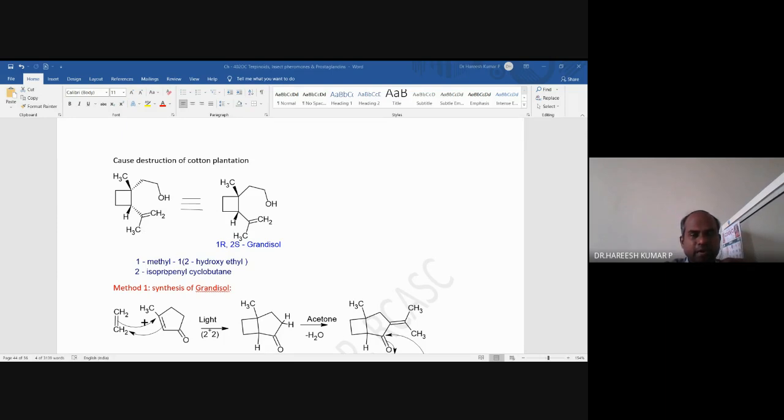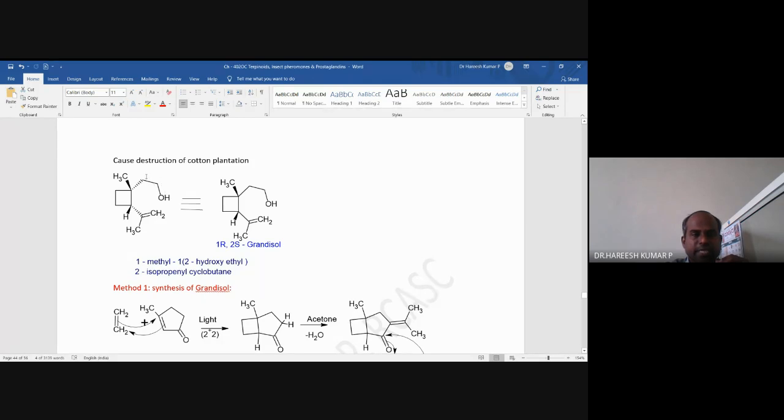So this will be the IUPAC nomenclature. This methyl is called 1-methyl, and to this same carbon is attached this group, 2-hydroxyethyl, where this is 1 and this is 2.